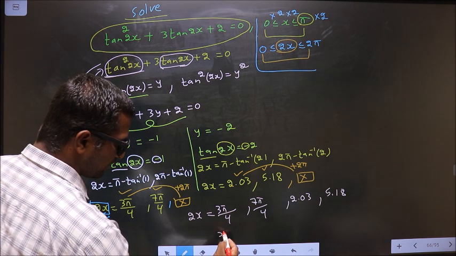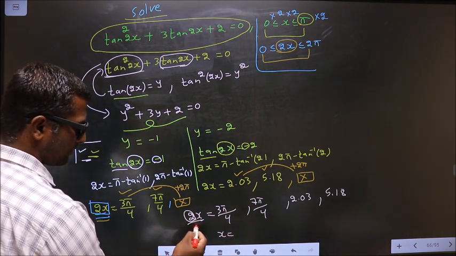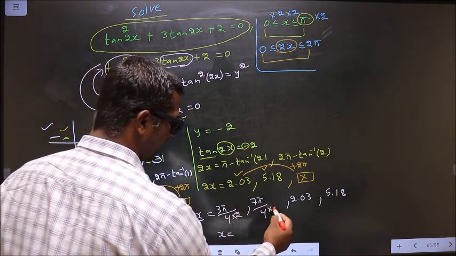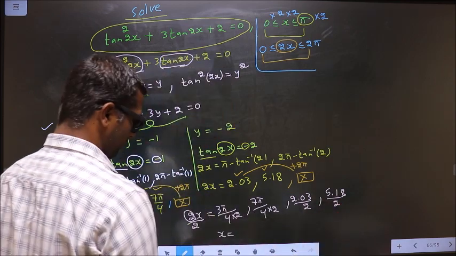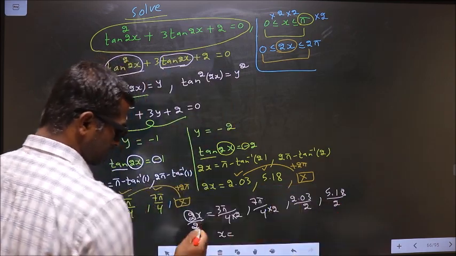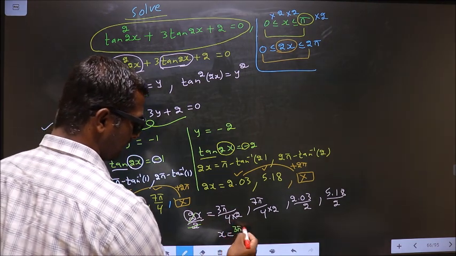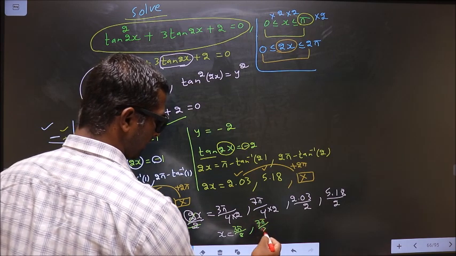Now to get the values for x, we should remove this 2. So to remove the 2, you divide each value by 2. So here it cancels out, resulting in x. Here we get 3 pi by 8. Here 7 pi by 8.